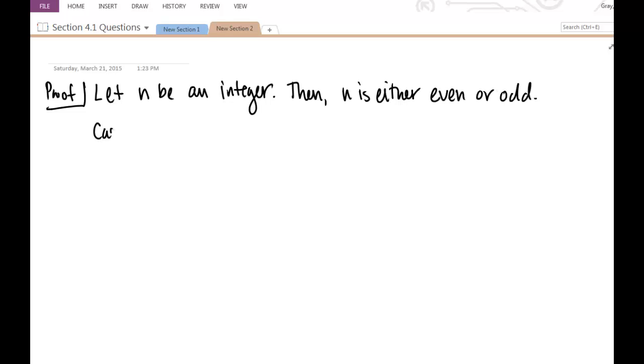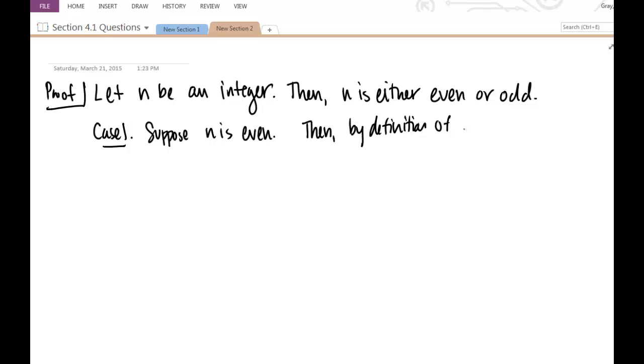So let's just say case 1. Suppose n is even. Then, by definition of even integers, n is equal to 2k for some integer k.